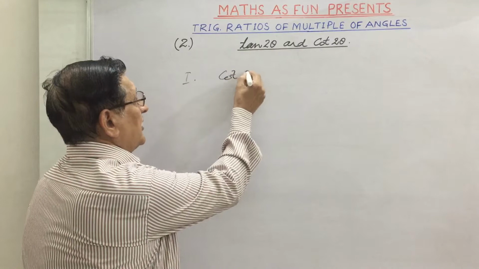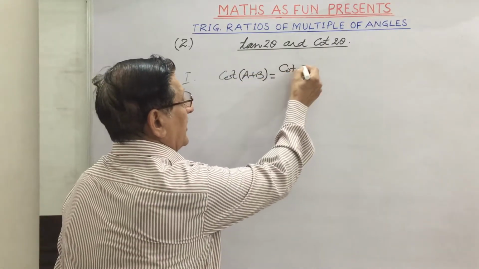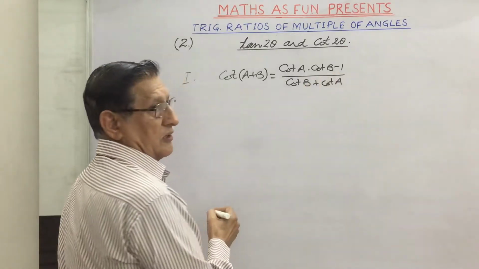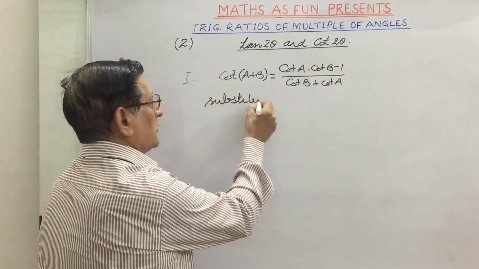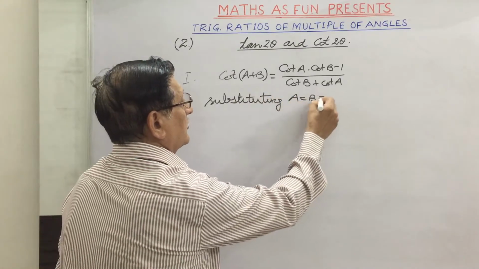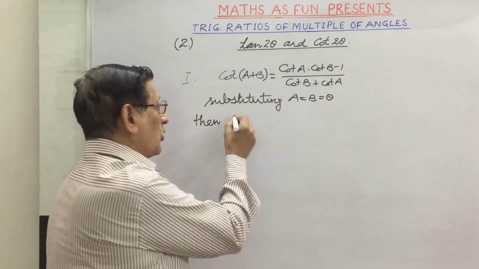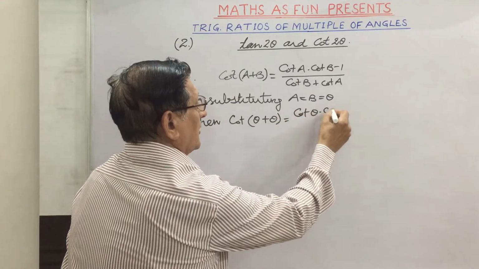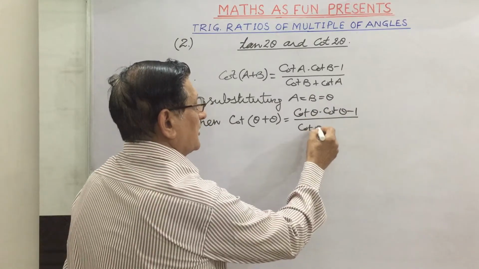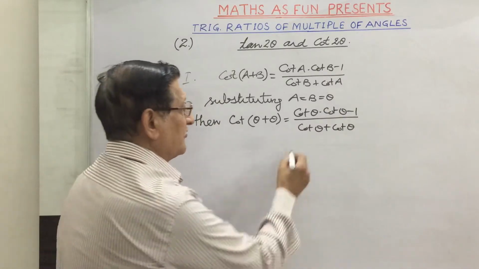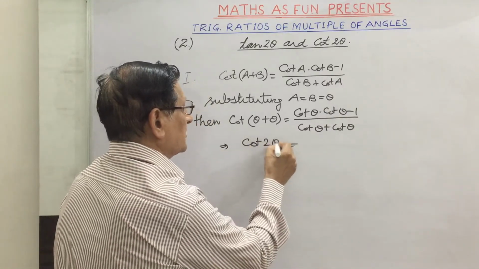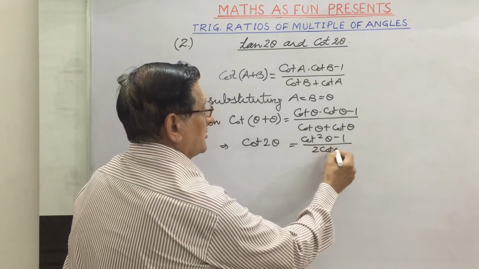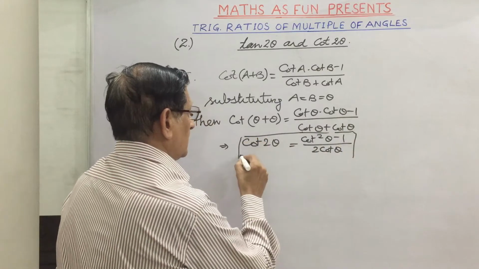We know that cot of A plus B is equal to cot A into cot B minus 1 upon cot B plus cot A. And if we substitute here A equal to B equal to theta, then we will get cot of theta plus theta is equal to cot theta into cot theta minus 1 upon cot theta plus cot theta, which is, you can see here, cot of 2 theta is equal to cot square theta minus 1 upon 2 cot theta. So this is the formula for cot 2 theta.